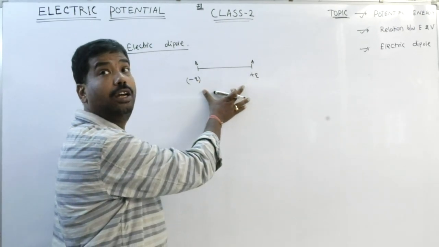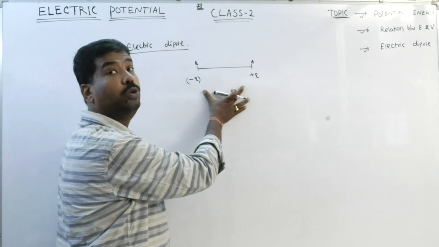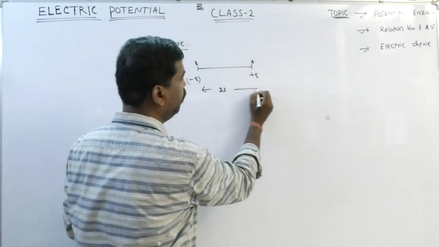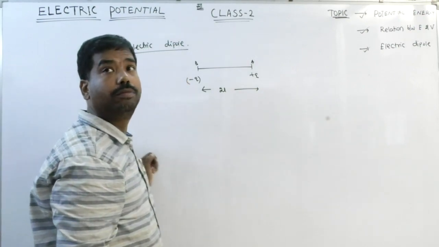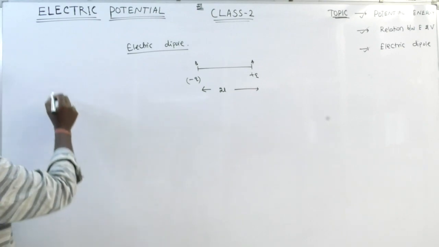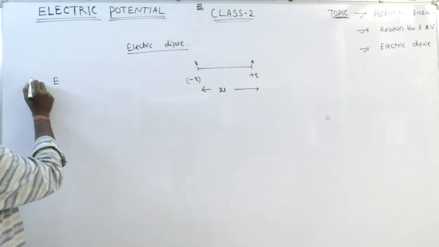The distance between the two charges is called the dipole length. Let it be 2L. Clear?